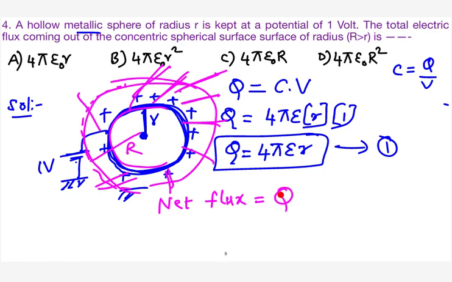That is what Gauss law says, right? So the total flux coming out is the same as the charge carried by the inner conductor. The charge carried by the inner conductor is 4 pi epsilon into r. So understood? Yes, sir.